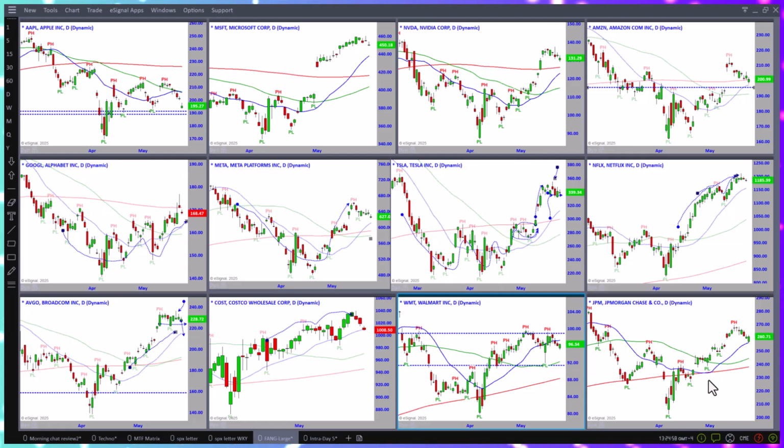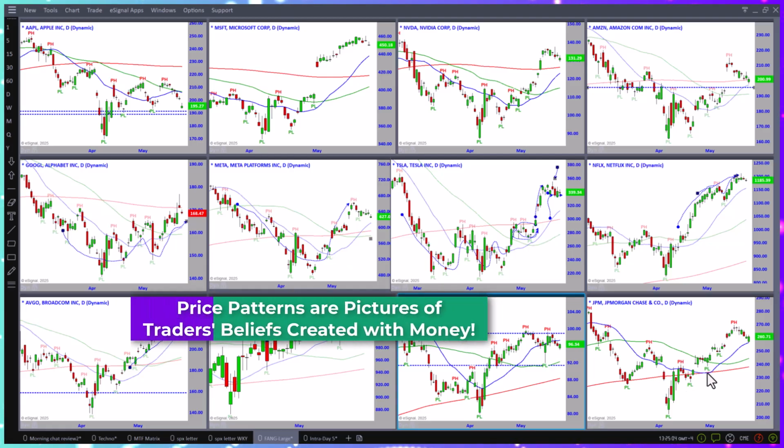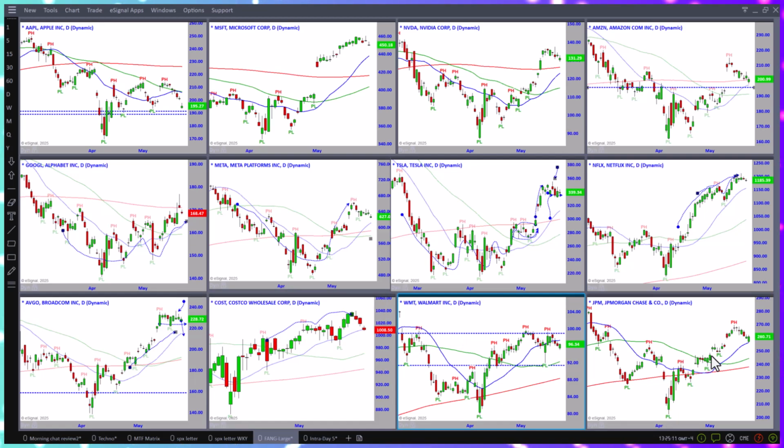And JP Morgan, right? Leading financial stock company. Bottoming action, same story. The big correction, the Liberation Day, the back off, the resumption, the upward move. Prices are correcting from when the internals reached an extreme. This has pulled back.